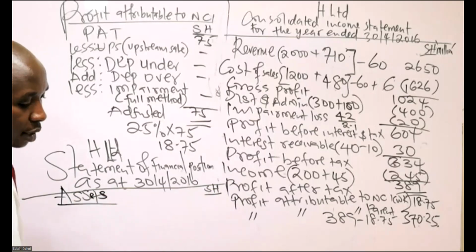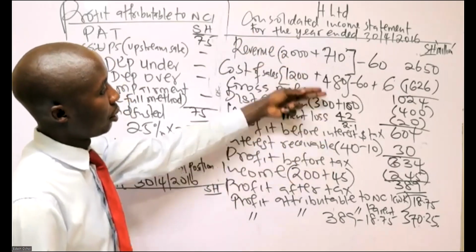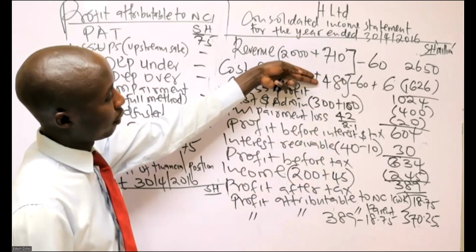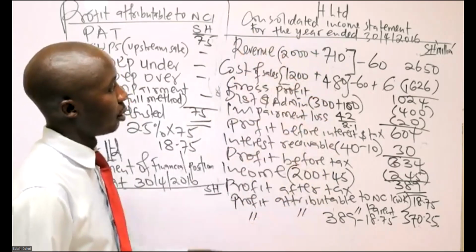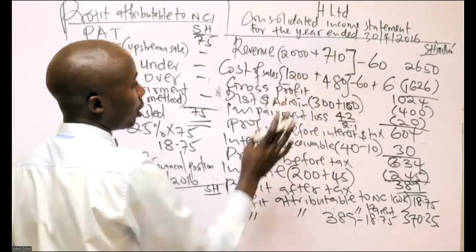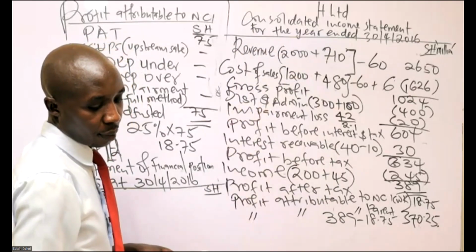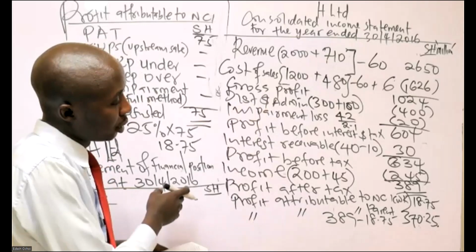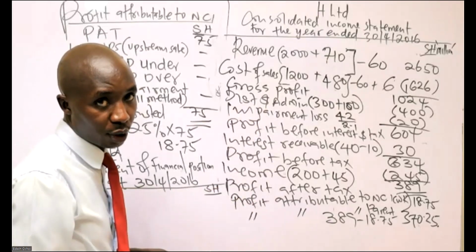Even this one you could have translated direct if you want to avoid those steps. Like now here there's nothing you could have missed. Because this one you could have scored, translating even direct by saying parent plus this, but the subsidiary you translate with the relevant rate. There's nothing you could have missed here. Maybe the side where you could miss some 2 or 3 marks is under the statement of financial position.